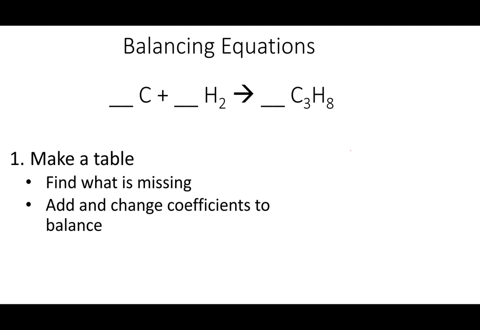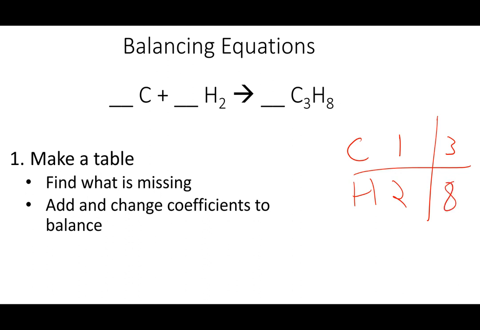And I see that I have C here, and I also have H. I'm going to make a table where I have the number of C and H on the left side of the reaction and the right side of the reaction. And so on the left side of the reaction, we have one C and two H's. On the right side of the reaction, I have three C's and eight H's.